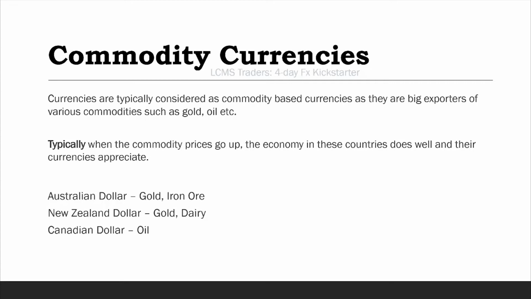Copper could be one other commodity that influences the Australian dollar. For the New Zealand dollar, gold again is going to influence it, and also dairy. The price of dairy could influence the New Zealand dollar. And then for the Canadian dollar, quite straightforward: it is the price of oil that affects the Canadian dollar.